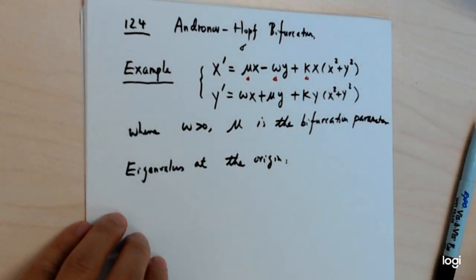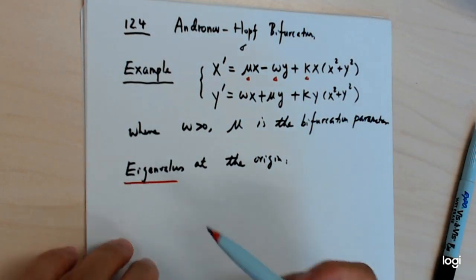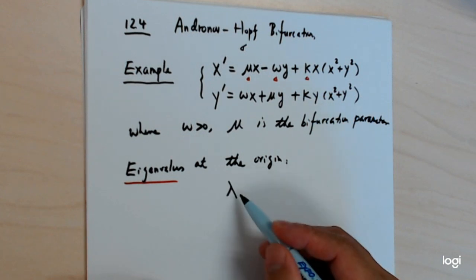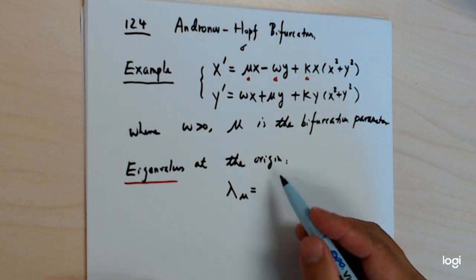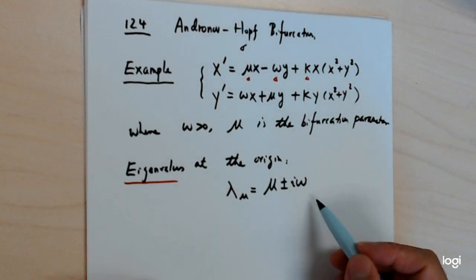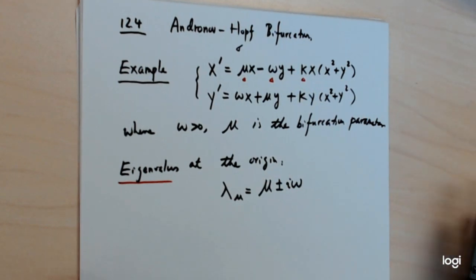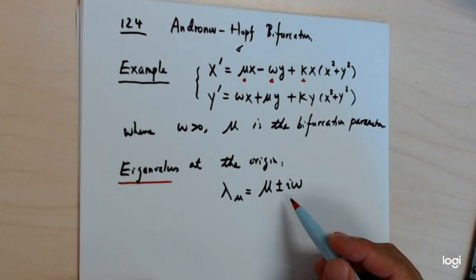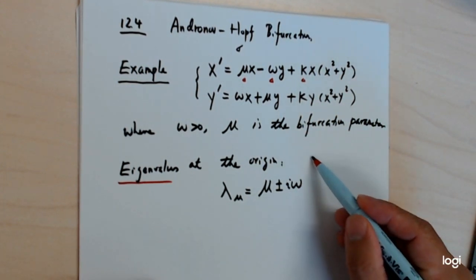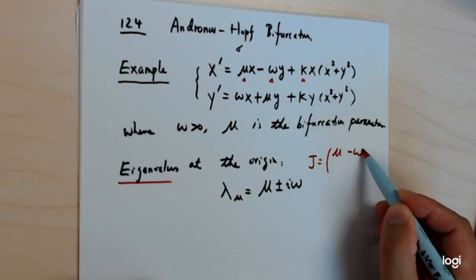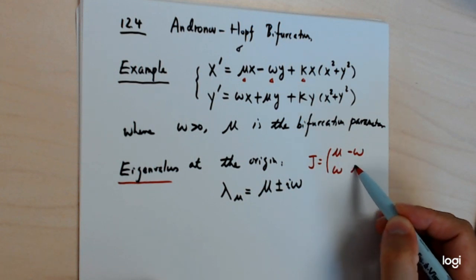But what we found is the eigenvalues at the origin turn out to be lambda, which obviously will depend on mu. Lambda equals mu plus or minus i omega. Now omega is a positive parameter. For those who are still wondering why it is mu plus or minus i omega, the Jacobi matrix turns out to be just mu, negative omega, omega, and mu.